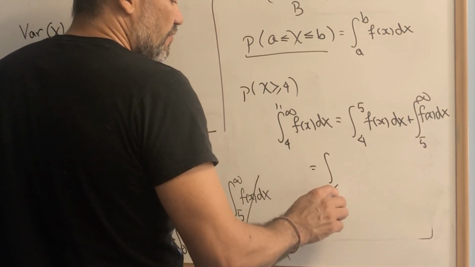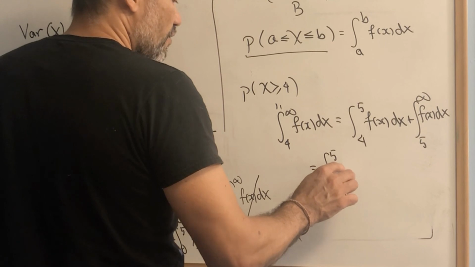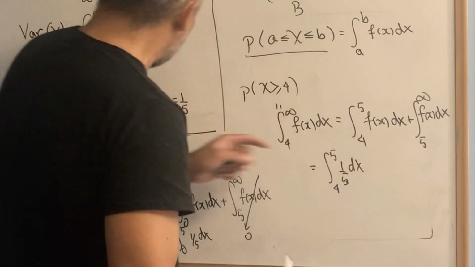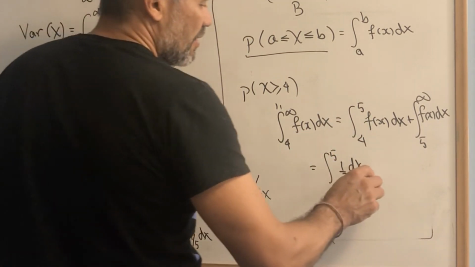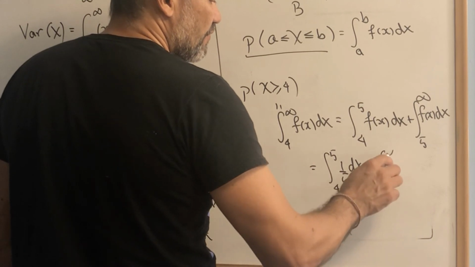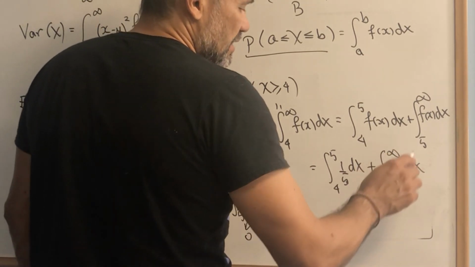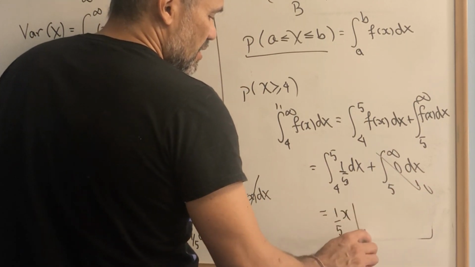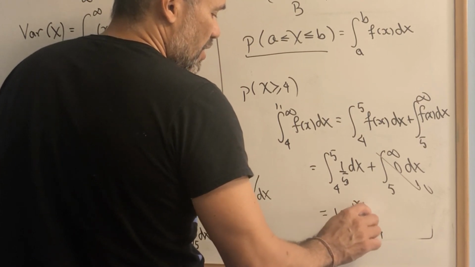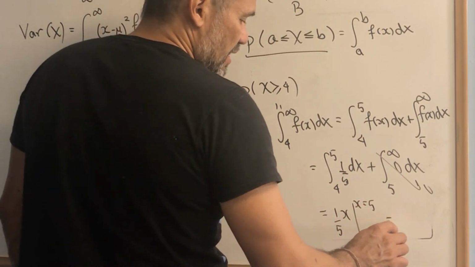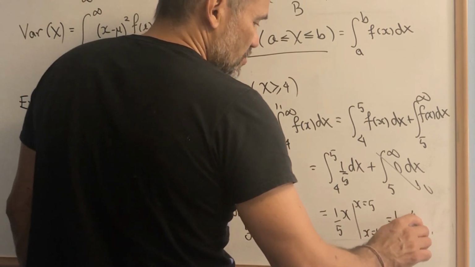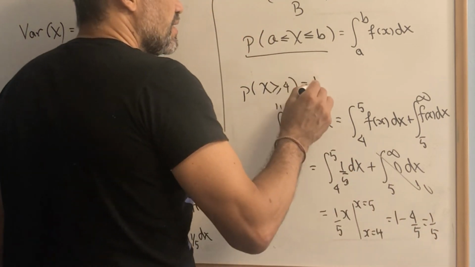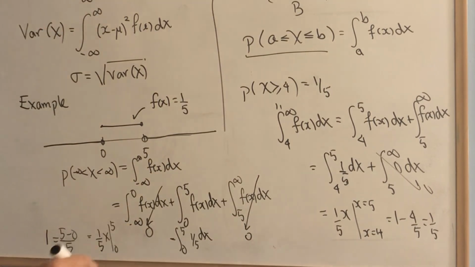This is the integral from 4 to 5 of 1/5 dx, because the function between 4 and 5 is 1/5, plus the integral from 5 to infinity of 0 dx. This part is 0, and this is just 1/5 of x between x equal 4 and x equal 5, which is 1 minus 4/5, which is 1/5. Then this probability is 1/5.